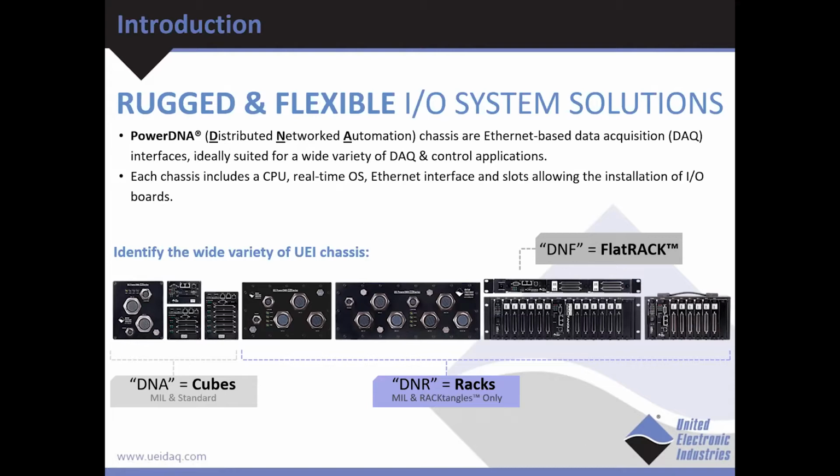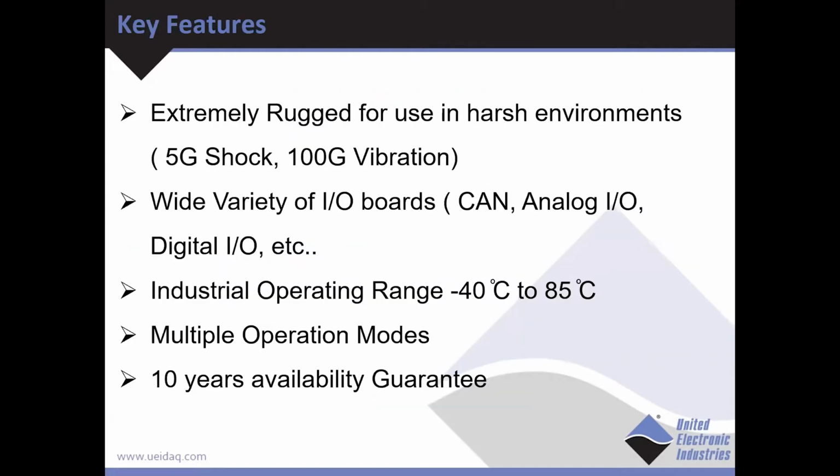So I would like to point out some key features that make these chassis ideal for automotive applications. The first point is these devices are extremely rugged for use in harsh environments, be it a dyno test cell environment where there is high electrical noise, or in-vehicle applications.